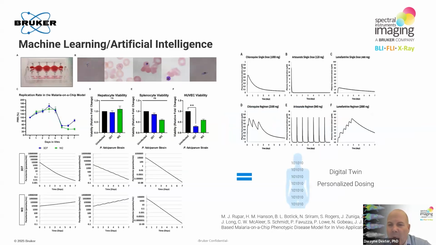And I won't go into a deep dive in the paper, but using the in vitro organ on a chip method, they were able to develop some pharmacokinetic profiles on dosing and response, and using AI coupled with clinical data, you're able to actually generate a digital twin from a patient for a patient, and potentially identify a personalized dosing regime for that patient. So an interesting approach where they're combining multiple NAM methods here to improve upon treatment for patients.